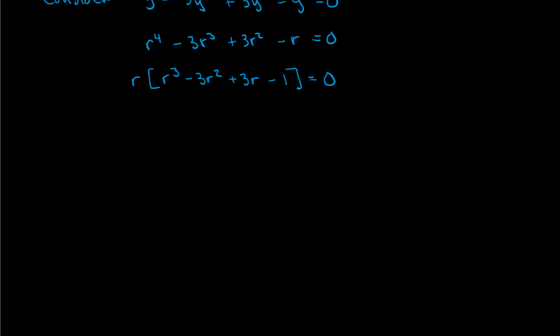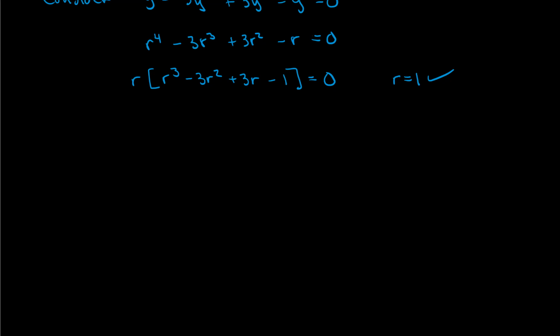To help move this along, I'm going to just say r equals 1 is a root. We can check that. We have 1 cubed minus 3 times 1 squared plus 3 times 1 minus 1, and sure enough, that does equal 0. So 1 is a root.